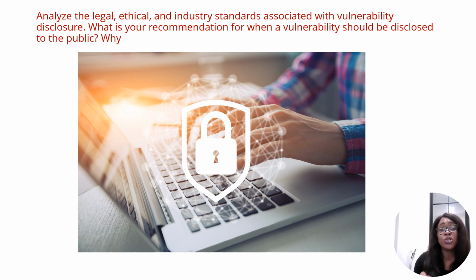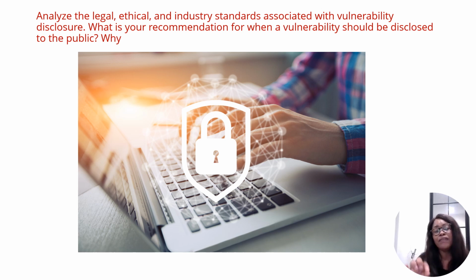One key consideration in deciding whether to disclose a vulnerability is the potential harm it could pose to users or to the systems. If a vulnerability is relatively minor and can be easily mitigated, it may be more appropriate to disclose it immediately to ensure users can take necessary precautions.